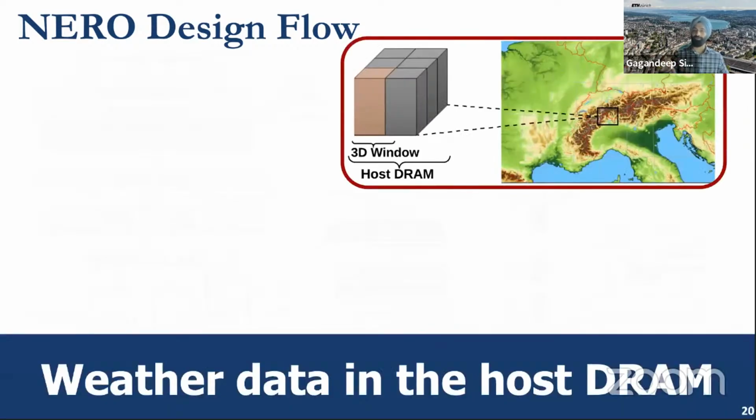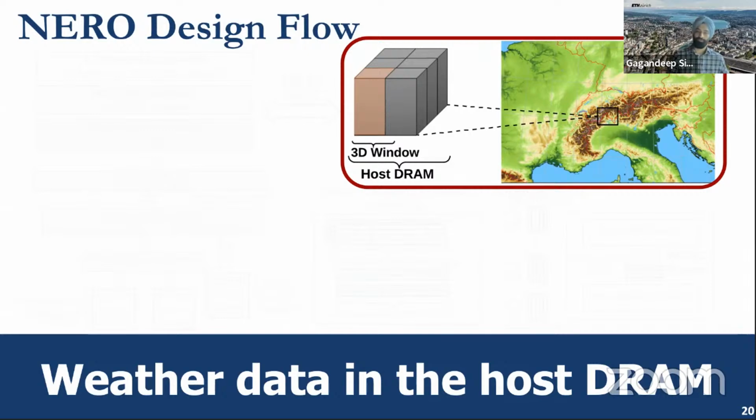First, I'll talk about the details of the architecture and how the data flow sequence happens inside NERO. First we have the weather data, which is stored in the host DRAM, based on the atmospheric model resolution grid. As we know, the FPGA has limited resources which you can use to build your own accelerator.